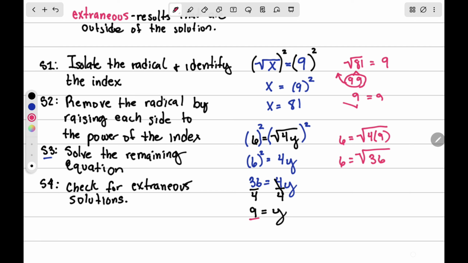All right. Let's break down that 36 to see what's going on with it. 36 is 6 times 6. I don't have to go any further. I see I got 2 of the same thing, so one comes out, and 6 does equal 6. So this is also not extraneous. So this is a solution.